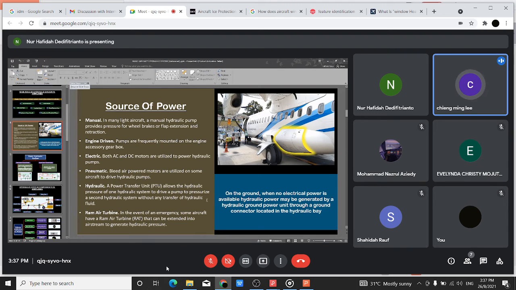The blue side will drive this pump, using the pressure from the blue system, and from there you can energize the blue system and the green system. So you're using the hydraulic power to drive a pump, right? Ram air turbine.